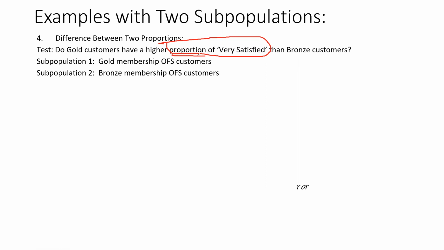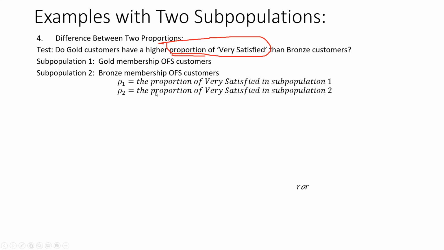You have to pick one of the category values, and you actually can bin 2 or 3 of them together and come up with a proportion for that variable that you want to test in the 2 separate groups. So in this case, we're going to let row 1 be the population proportion of very satisfied in subpopulation 1.